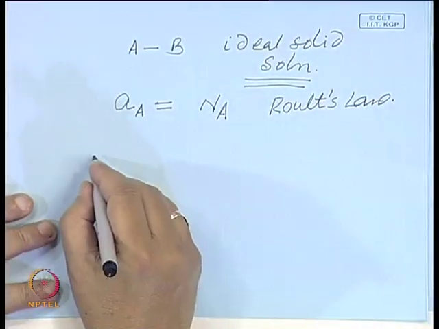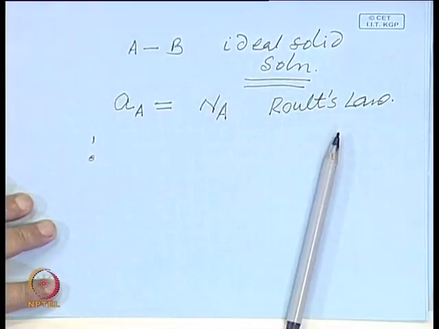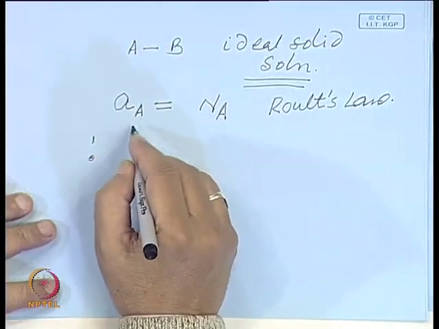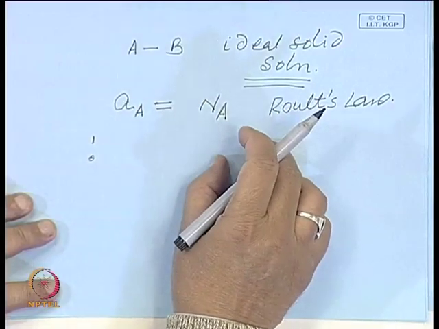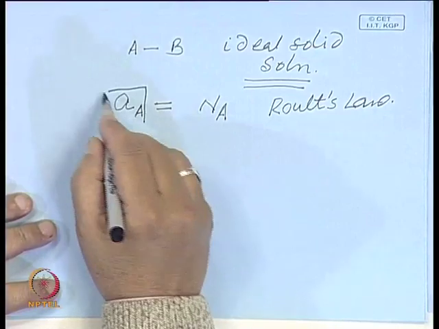So, if you have A and B atoms, at any time the number of B atoms surrounding A will be exactly equal to that derived from the composition.